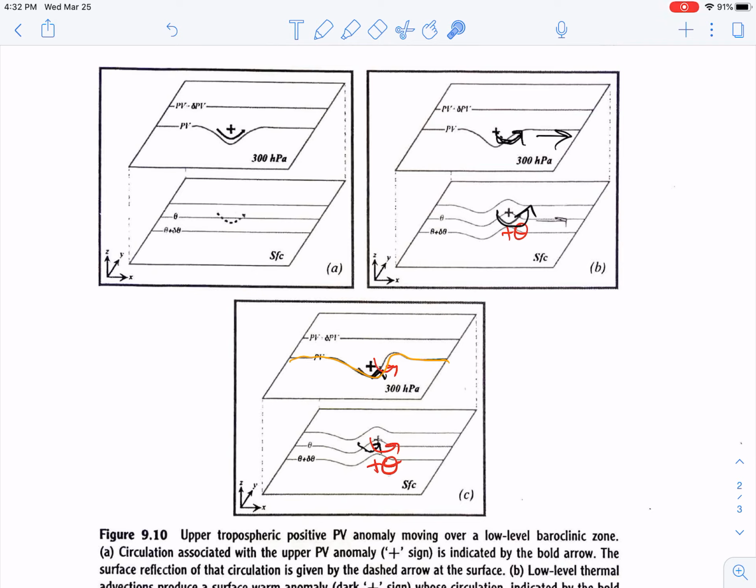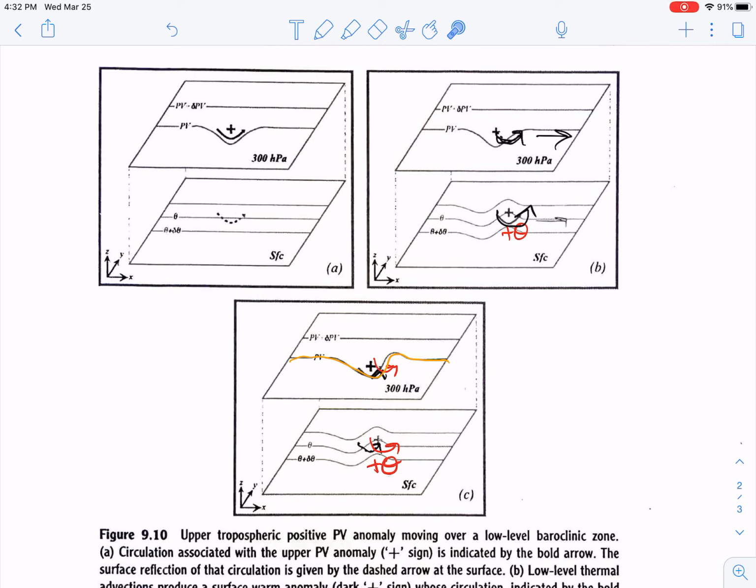And through this consistent phase locking of our upper level and our lower level patterns, we are able to develop into a robust cyclone, until such a time as we no longer have this westward tilt with height, and we don't get this mutual amplification to occur, and we might then get into an occlusion process. We'll talk a little bit more about an occlusion process associated with our diabatic processes in a future video.